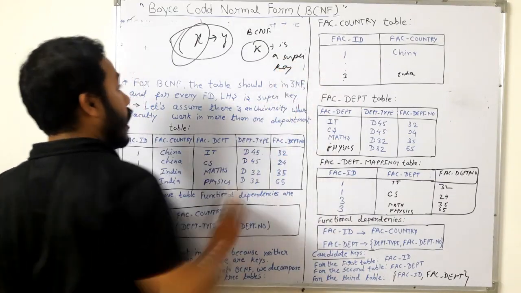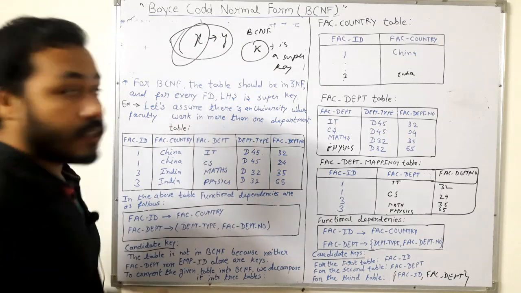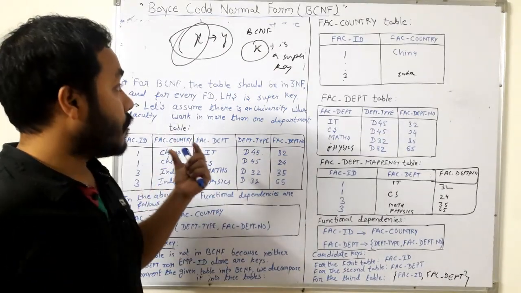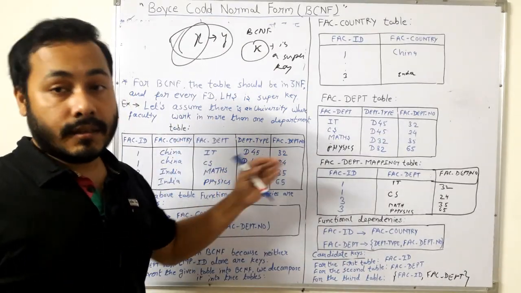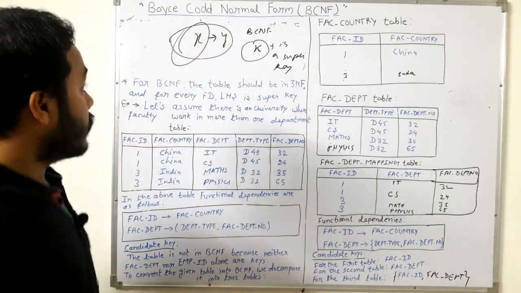So now you got why I am saying that BCNF is the stricter version, because I am not considering the other part. Even if Y is a prime attribute, we can't say that this is in BCNF. So X should be a super key.